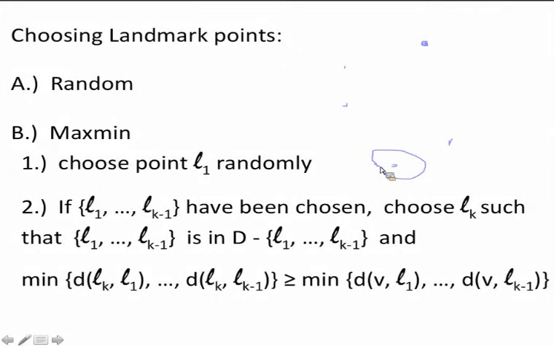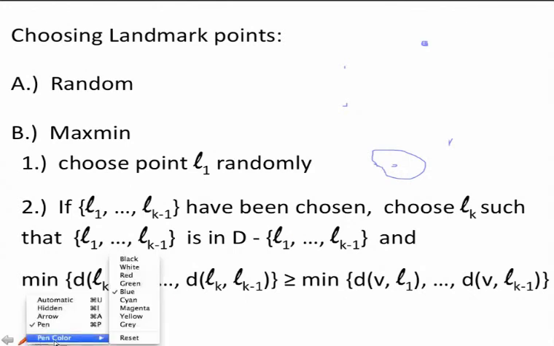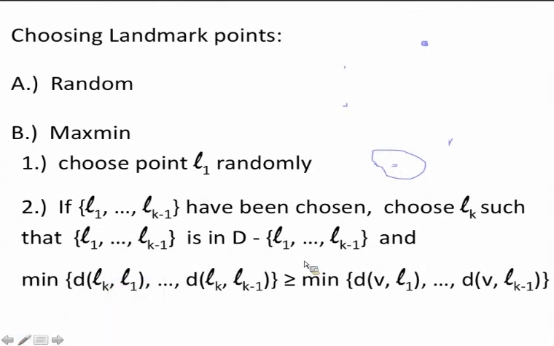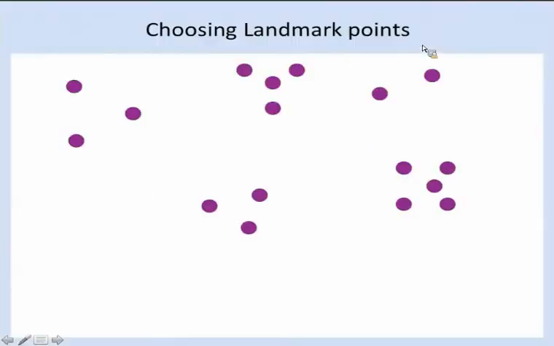So you may want to do something about that, or maybe you're fine with having the outliers in your landmark set. But remember, in terms of your landmark set, these are the points that will become our vertices. These are the ones that we are choosing. So let's take a look at this example right here. We randomly choose a point to begin with, so let's go ahead and choose this point right here.